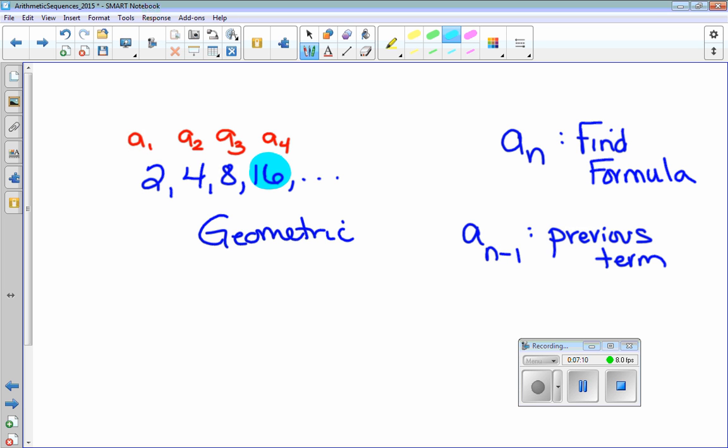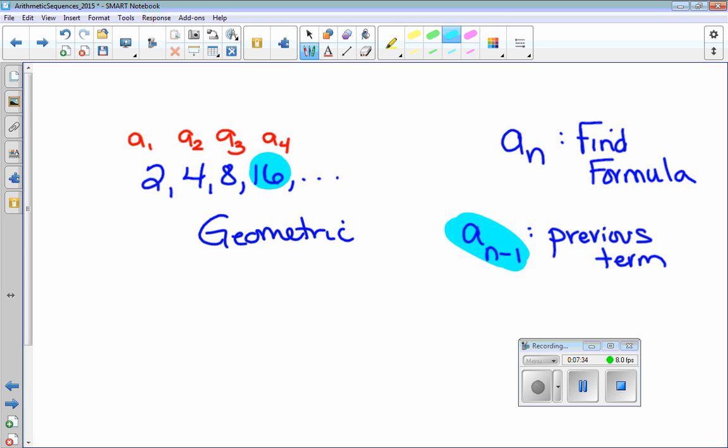So that would be A sub 3. All this n minus 1 means is take the term you have and subtract 1. It just means the previous one. So anytime I see this, rather than get confused or worried, I just say, oh, that just means previous term. And I just look at the one before it.